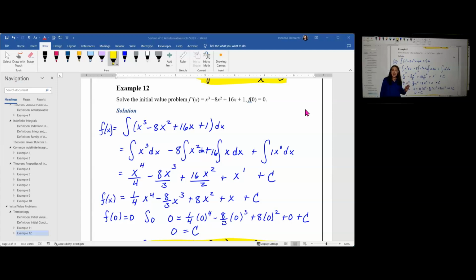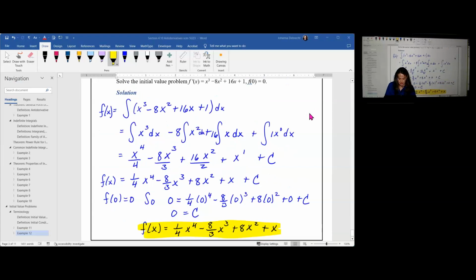To find the exact antiderivative function that passes through the origin, we substitute into this function the x value of 0 and set it equal to the y value of 0. I went ahead and wrote it all out, but of course you know that every term with x in it is going to 0 out, which gives us that the constant is in fact 0. This means that the antiderivative function is given by x to the 4th divided by 4 minus 8/3 x cubed plus 8x squared plus x.